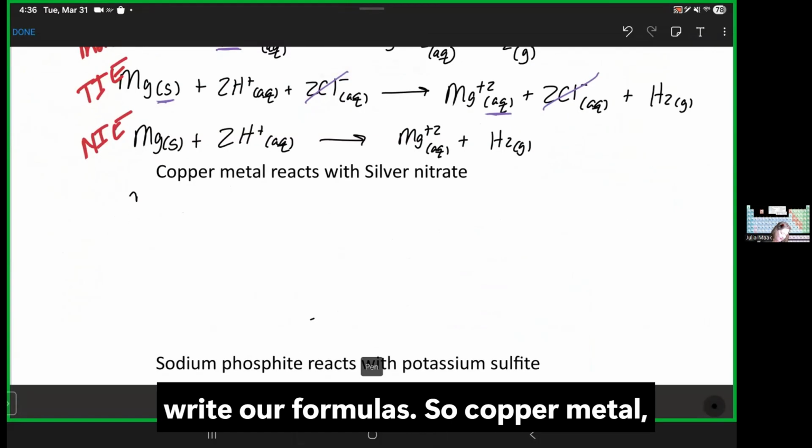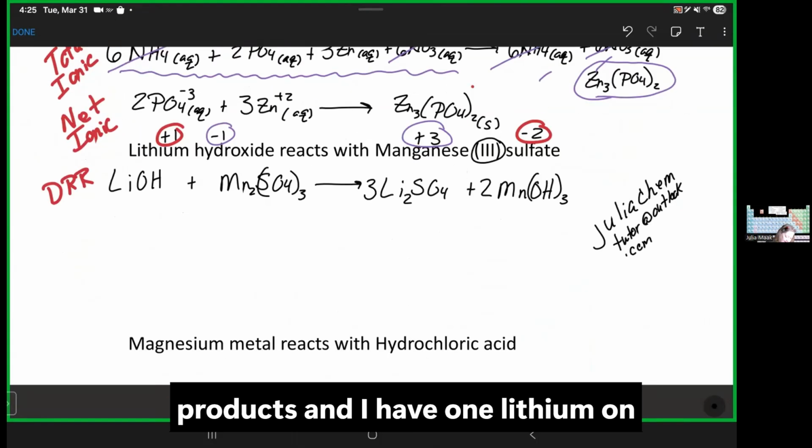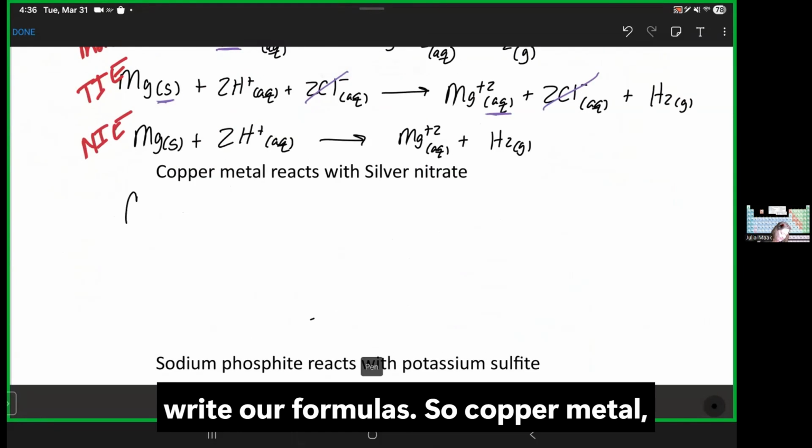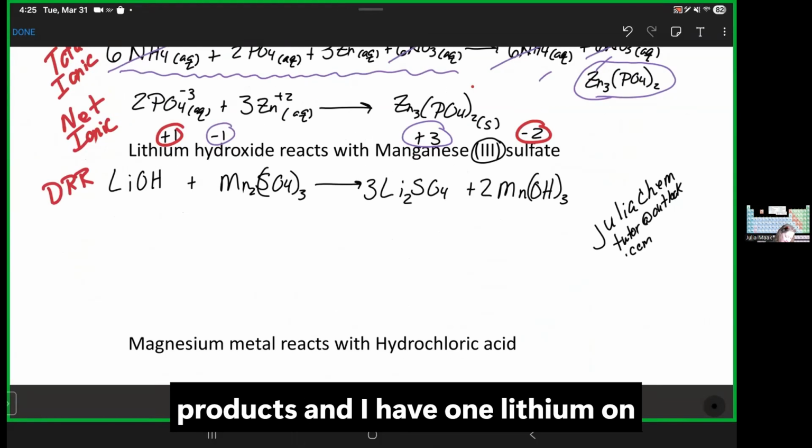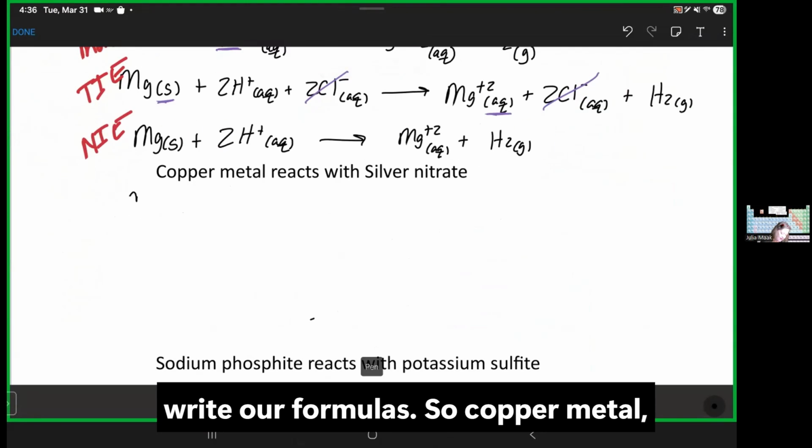I have 6 sodiums, 2 phosphates, 6 potassiums, 3 sulfites. Over on this side, I have 6 sodium ions and 3 sulfite ions. I have 6 potassium ions and 2 phosphite ions.